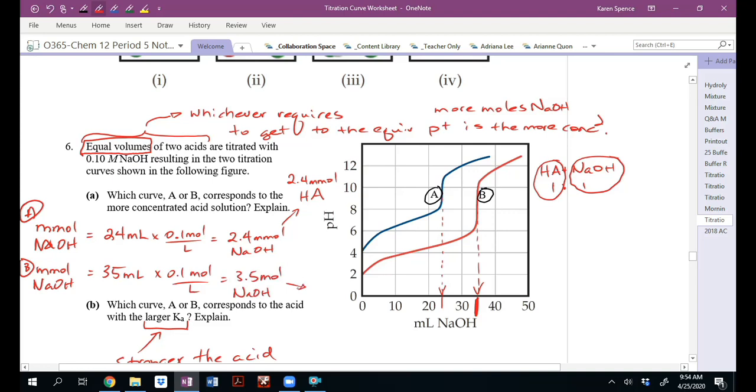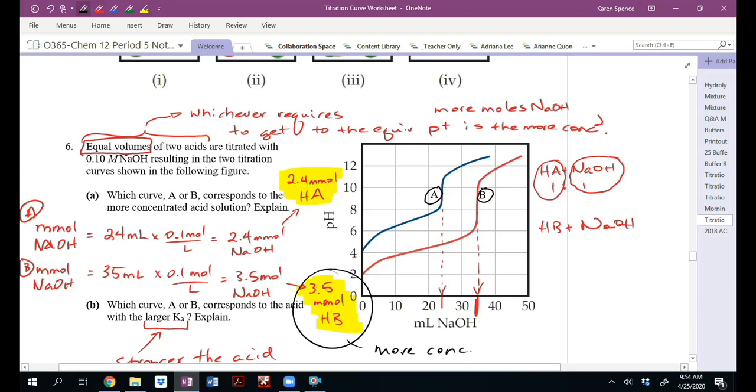And that means, because HB will also react in a 1-to-1 fashion with the NaOH, we would have 3.5 millimoles of HB. And because these two are in the same volume, the one with more millimoles will be the more concentrated. And that's it.